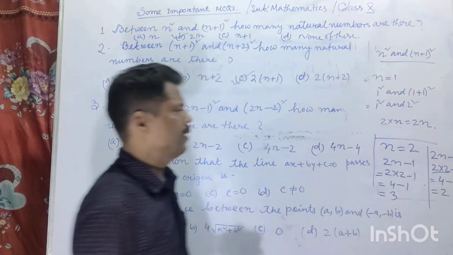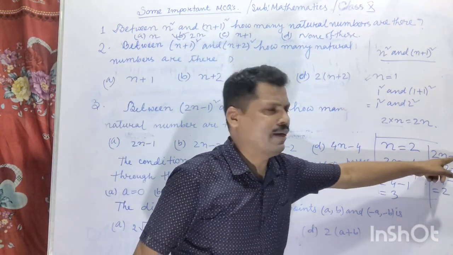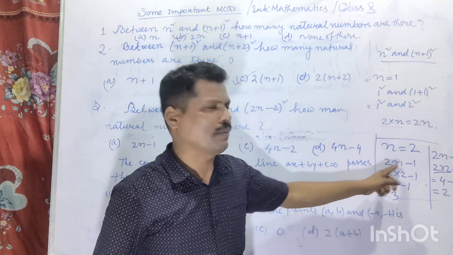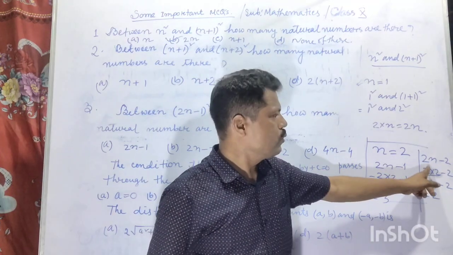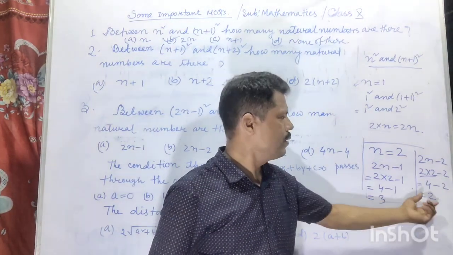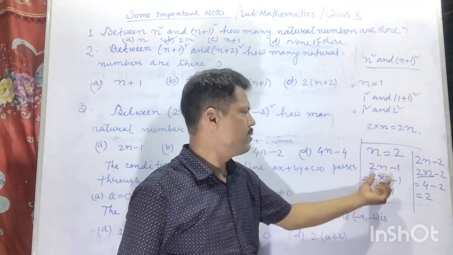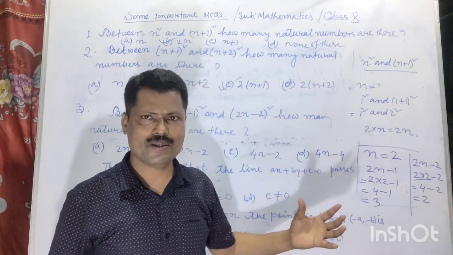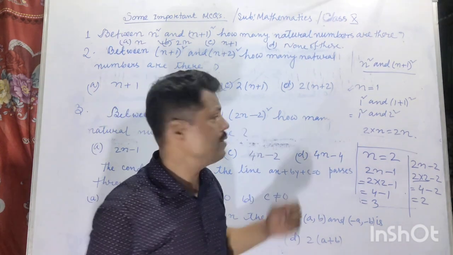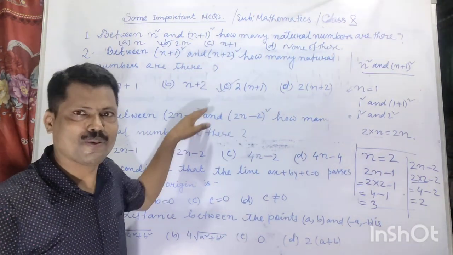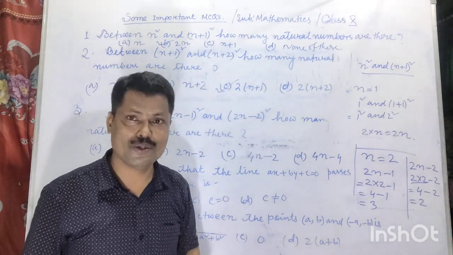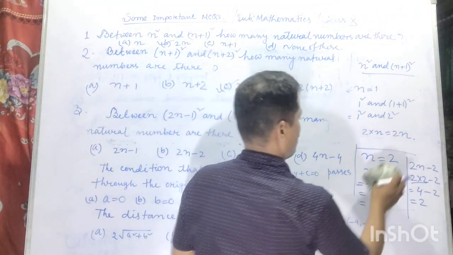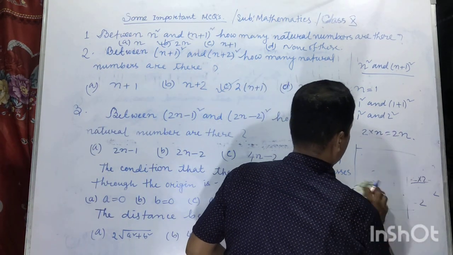Here the smaller number is twice n minus 2 and the greater number is twice n minus 1. Now the number of natural numbers between twice n minus 1 whole square and twice n minus 2 whole square: we have to write 2 times the smaller number.